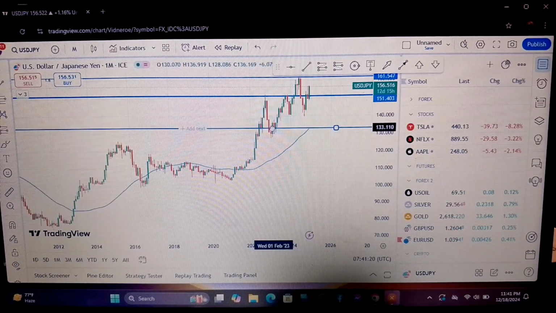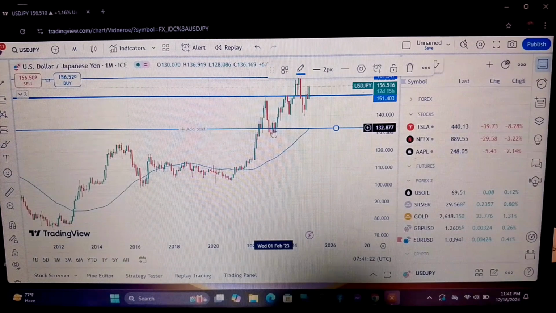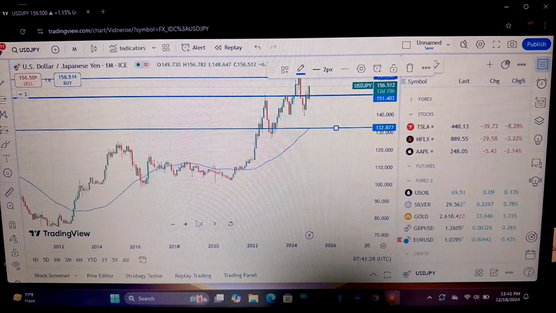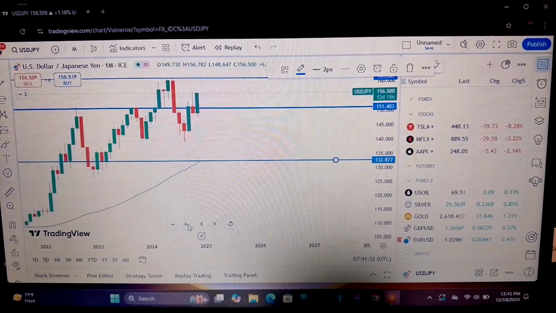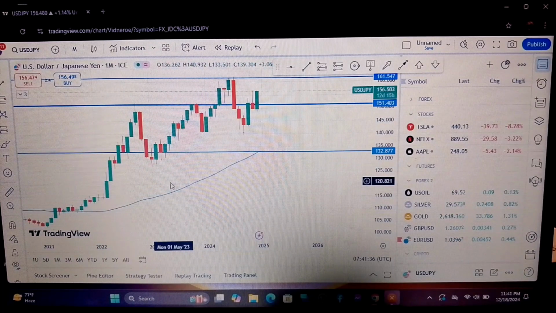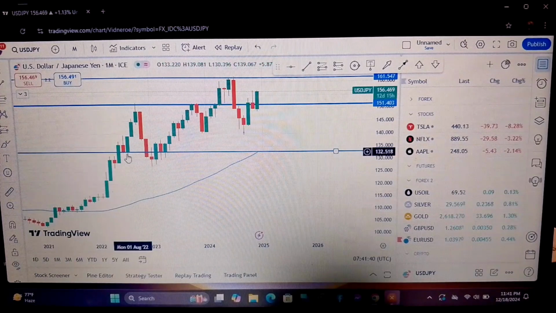This particular low, some traders will see. Let me zoom in a bit so it will be more obvious. Some people will see this particular low, and after the break and close of this candle, they will call it a break of structure.